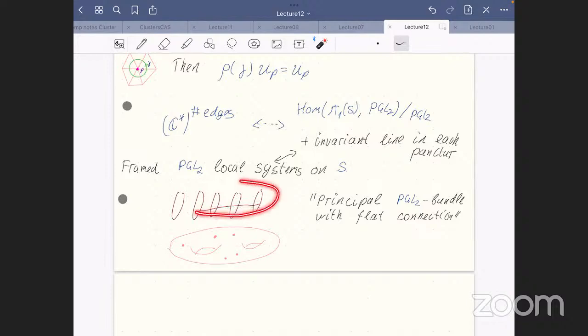If we go by the flat connection, a local transformation of this path does not affect anything. But if you have some path which is not contractible, then it can give us some monodromy on our bundle, and this is the monodromy of this connection.